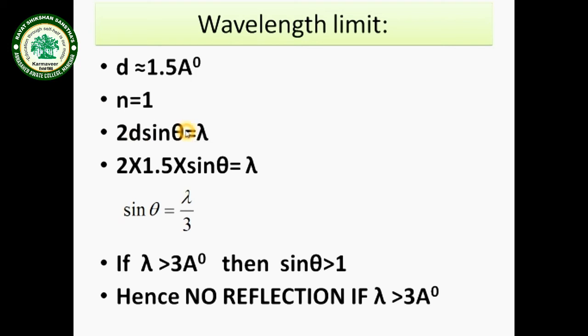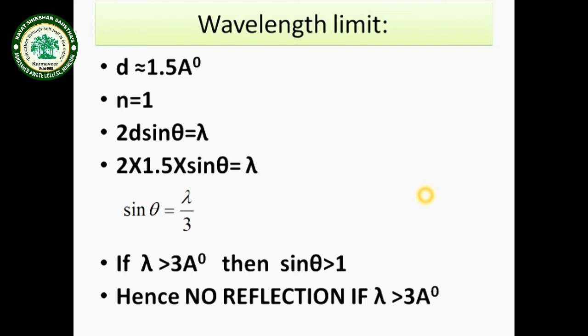By solving it, we have sin theta equal to lambda upon 2, where lambda is the wavelength. So when the incident wavelength is greater than 3 angstrom, then sin theta will be greater than 1. As a result, there is no diffraction, or simply in the language of Bragg, no reflection, and systematic absence or presence will not be shown.